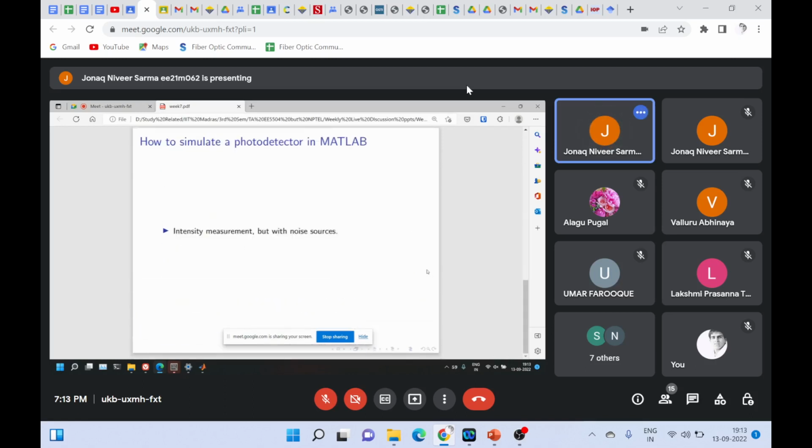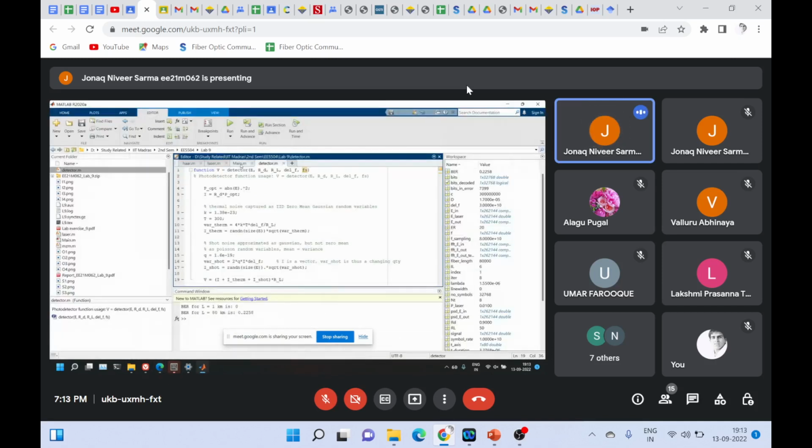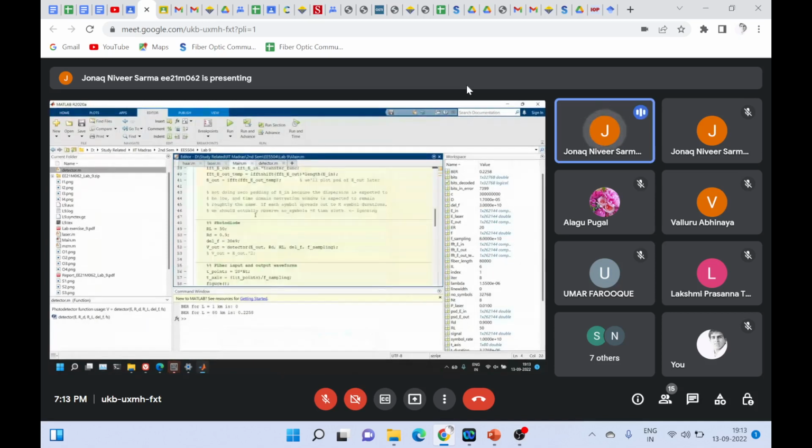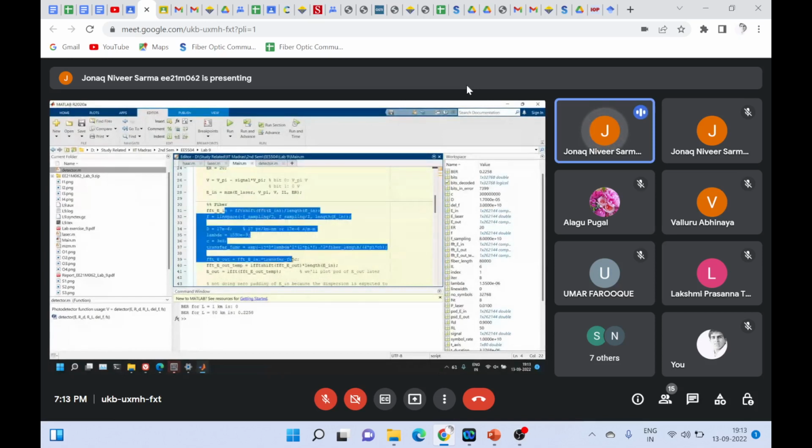And here, I just wanted to show you briefly how the photodetectors are captured in the MATLAB code. So this is the same program as the last time we showed, how to model fiber. This was the main takeaway from last time.